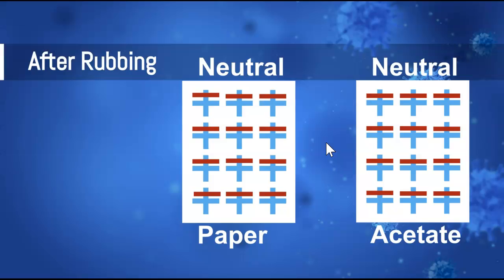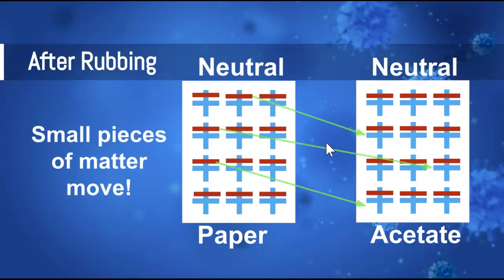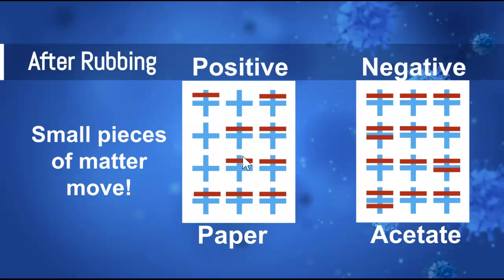So after I rub them, what could possibly happen is some of those electrons can move from the piece of paper over to the acetate. Now take a look at what that ends up leaving us. On this side, we've got 12 positives, but now we only have 1, 2, 3, 4, 5, 6, 7, 8, 9 negatives. So we've got more positives than negatives on this side, and that means that it's positive.